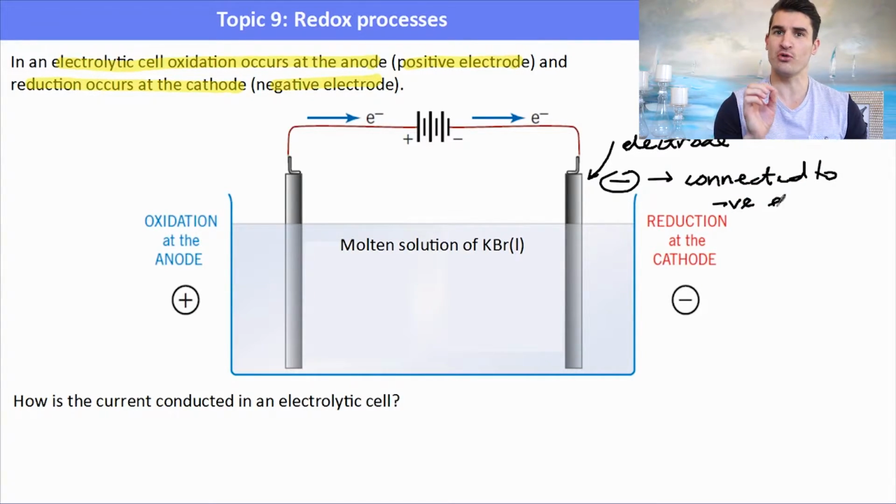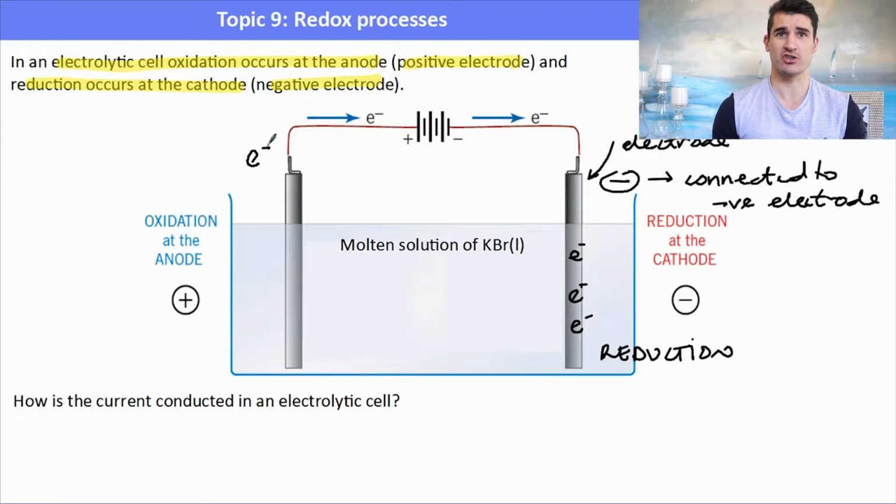The battery forces that electrode to be negatively charged because it's connected to the negative terminal. So what that means is there's a whole bunch of electrons being pumped onto that electrode. So essentially, it's got a whole lot of electrons that can undergo some chemistry. So that means that it's adding electrons to that electrode so it can undergo reduction.